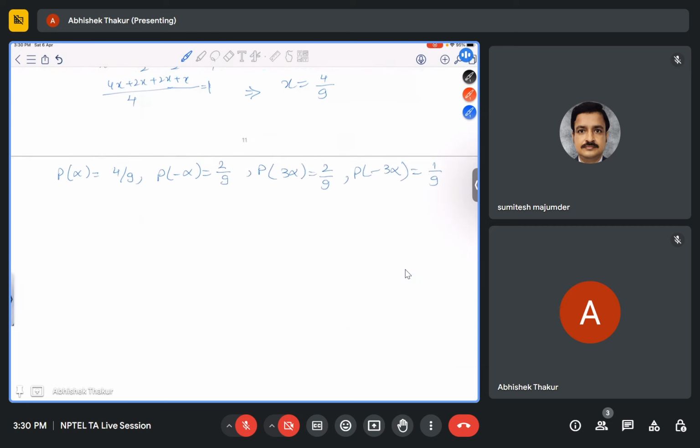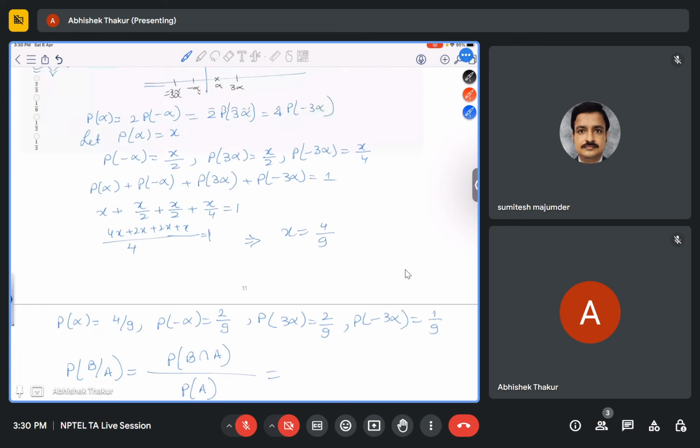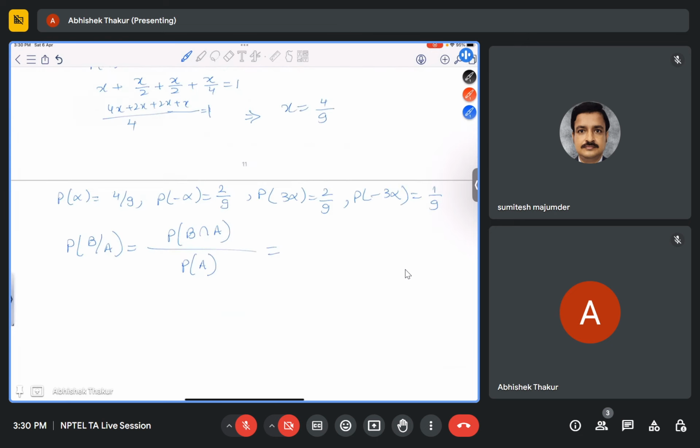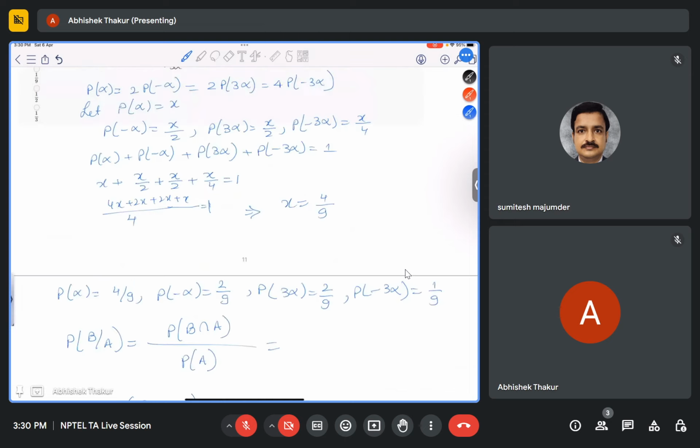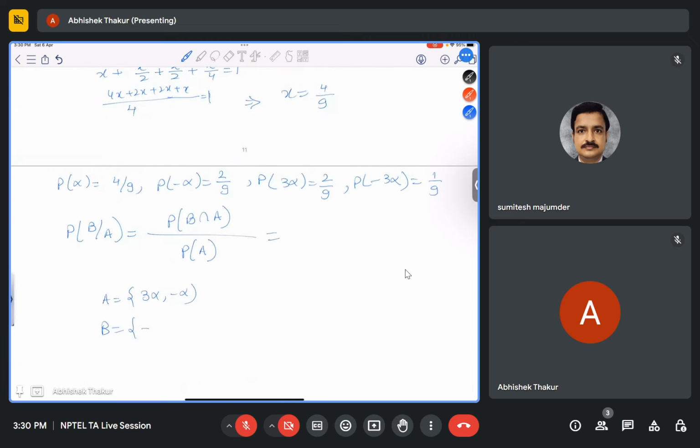Now this question asks for the probability of event B given that A has occurred. We know the formula: that is equal to the probability of B intersection A divided by the probability of event A. Now event A is given as 3 alpha, minus alpha, and event B is given as minus alpha.